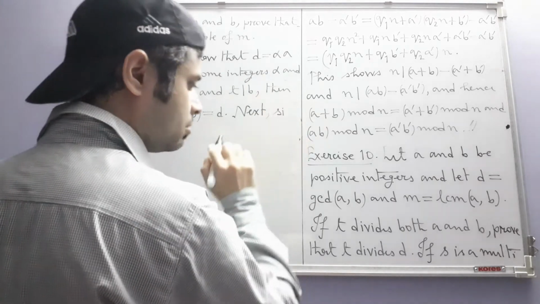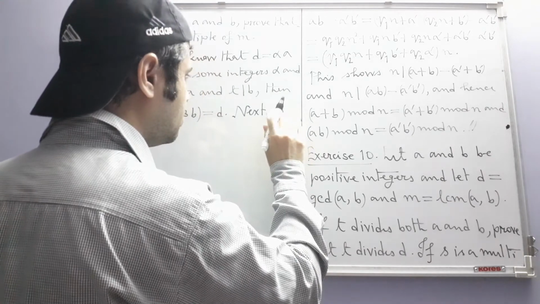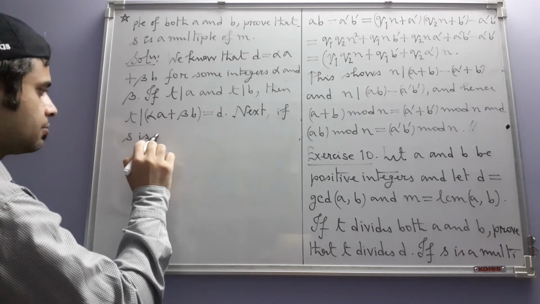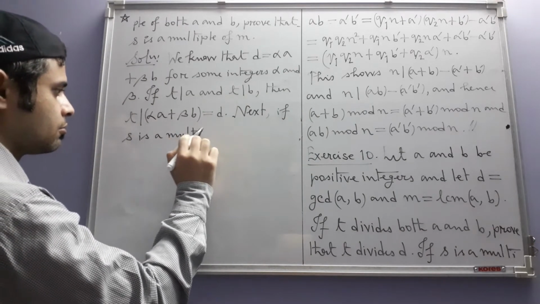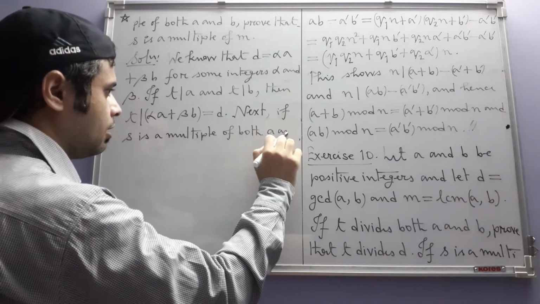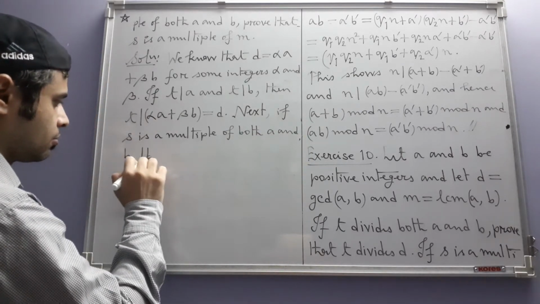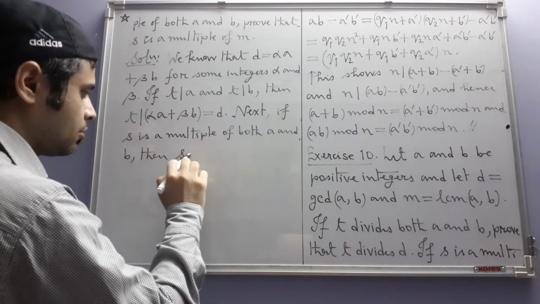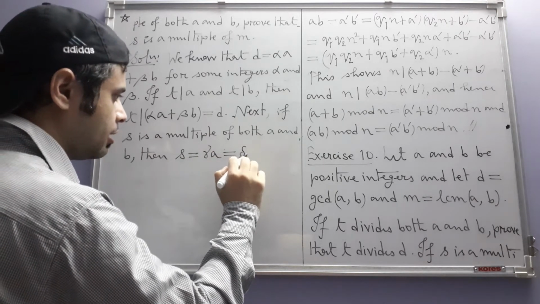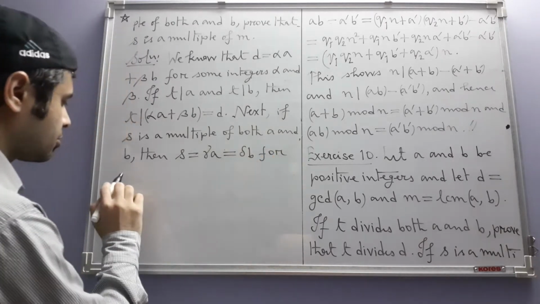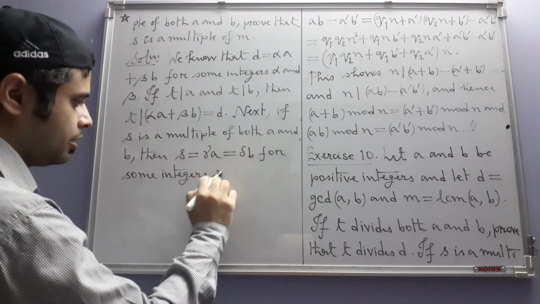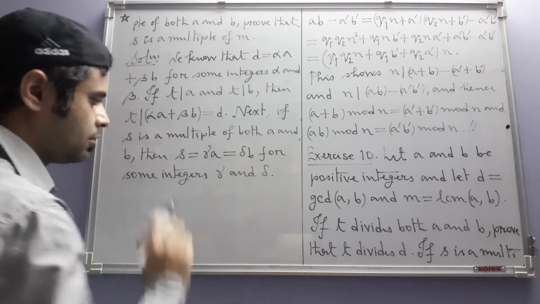Since S is a multiple of both A and B, then S is equal to, say, gamma A, which is also equal to delta B, for some integers gamma and delta.